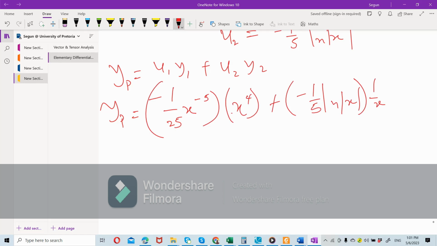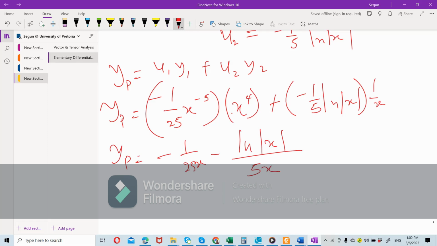So when you match these two together, you come up with yp equals negative 1 over 25x minus ln x over 5x.